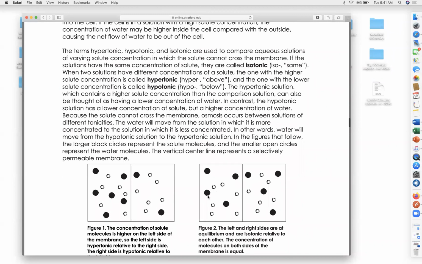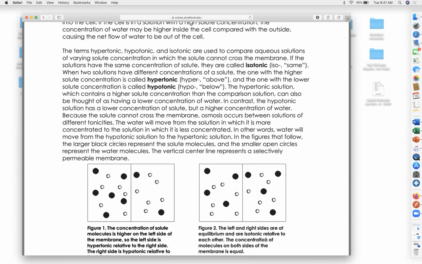Let's say these little white circles are water, and these little dark circles are Kool-Aid, right? The amount of Kool-Aid is equal on both sides. The amount of water is equal on both sides. Therefore, both solutions that are in equilibrium are called isotonic.